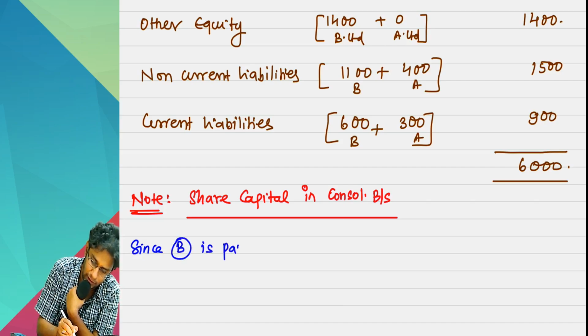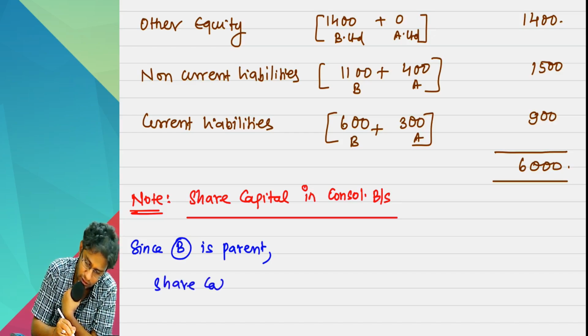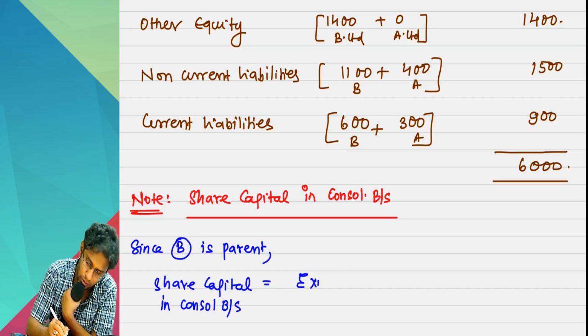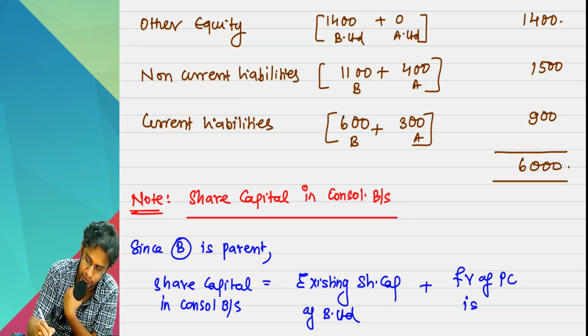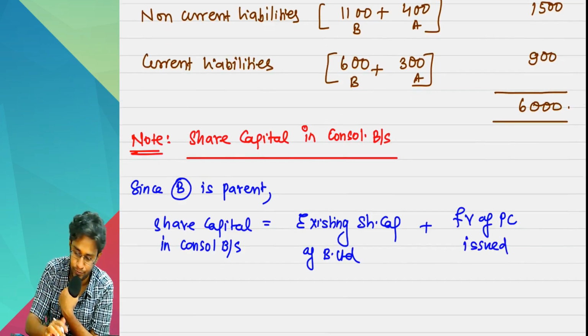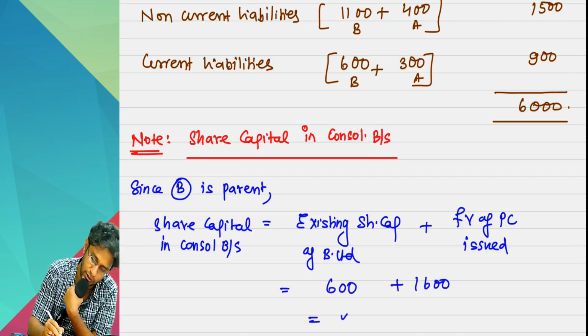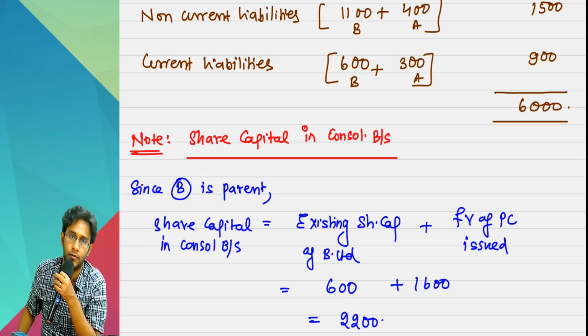Since B is parent, share capital in the consol balance sheet should be equal to the existing share capital of B Limited plus the fair value of shares issued. 600 plus 1600, it should be 2200. So that is the explanation ICAI has given for 2200.